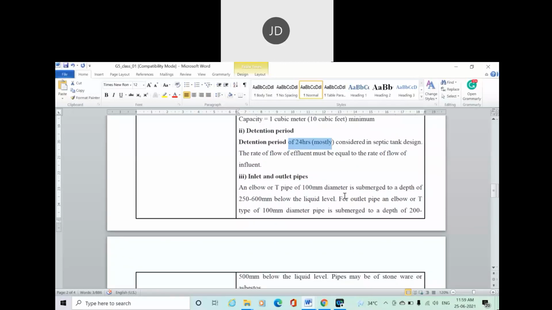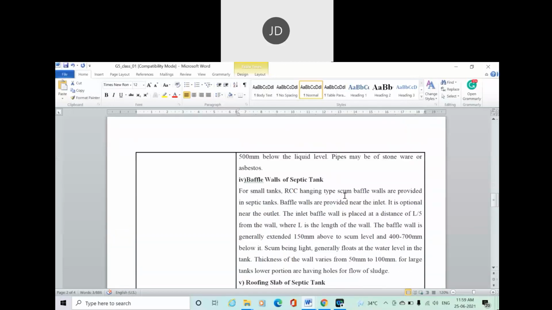Baffle wall is also important. Basically, a baffle wall is used to regulate the proper flow of the waste. It is also required for breakdown of bigger size waste into smaller size. A baffle wall can be installed nearby the inlet or outlet, or in both directions.